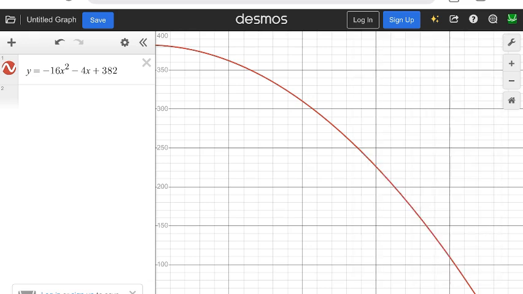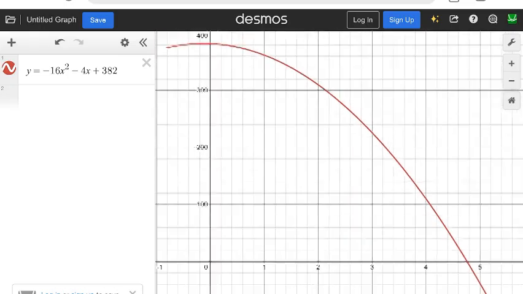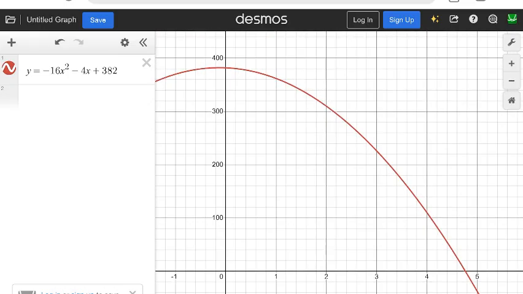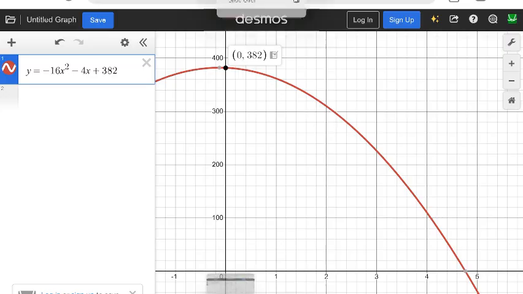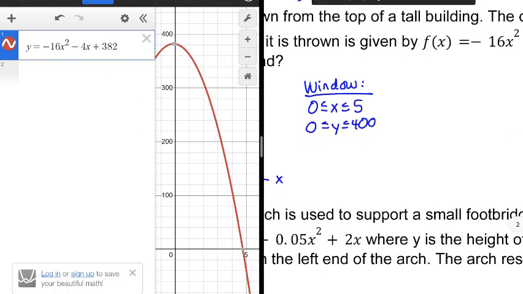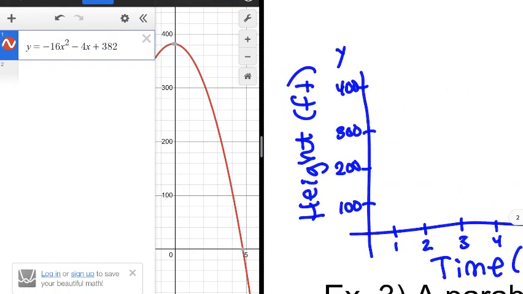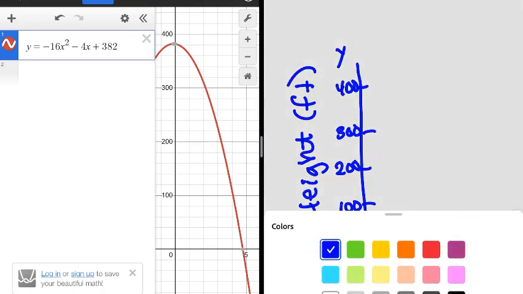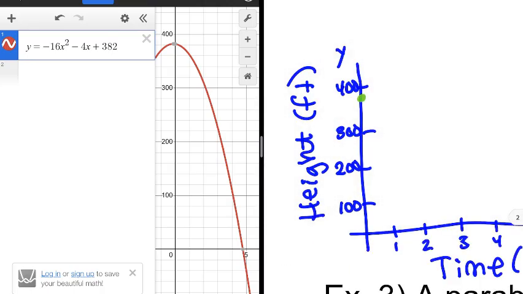Okay, once you get that in, you can still adjust it a little bit, but it makes it easier to see the whole picture. So let's figure out what the top point is. Where was it thrown from? It was a rock, right? Thrown from 382. So 382 would be right here, so go ahead and write 382 there.